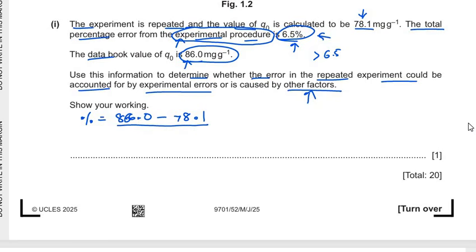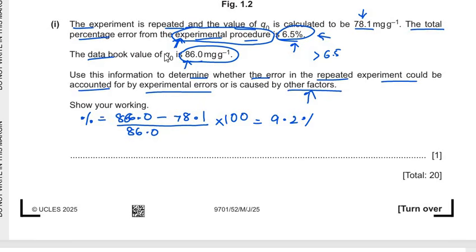Now the reading we are supposed to divide by is 86.0. Now multiply by 100. This is equal to 9.2%. If our error is greater than 6.5, then obviously that is not due to the experimental procedure, because the highest percentage error due to experiment is 6.5. So greater than 6.5 is because of some other factor.